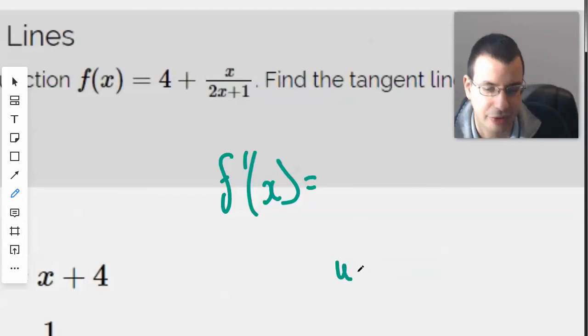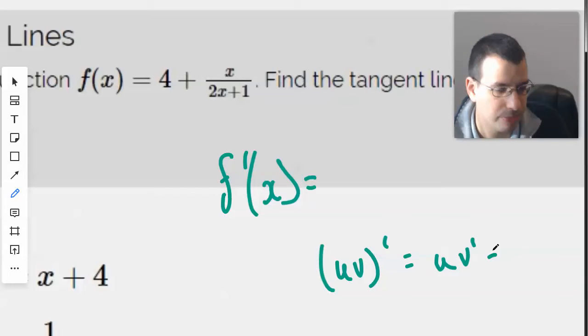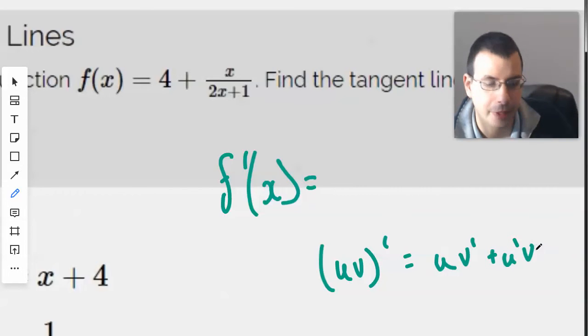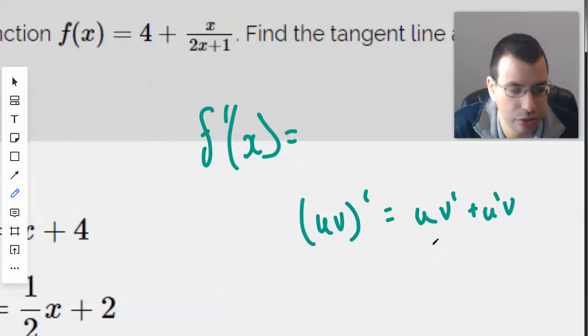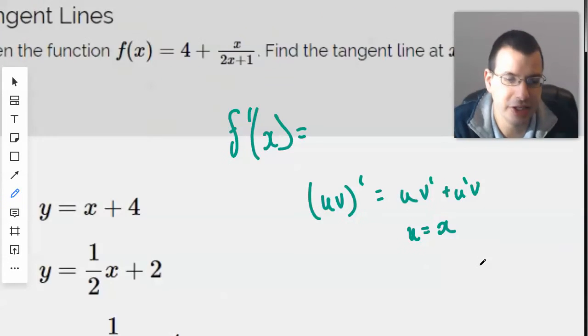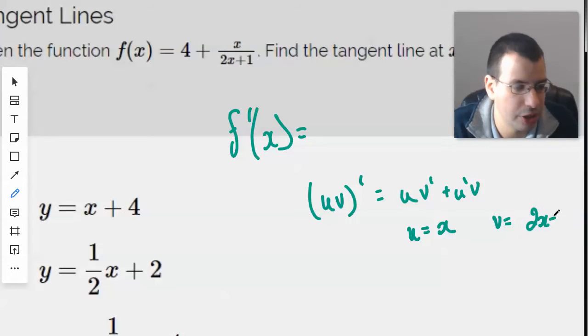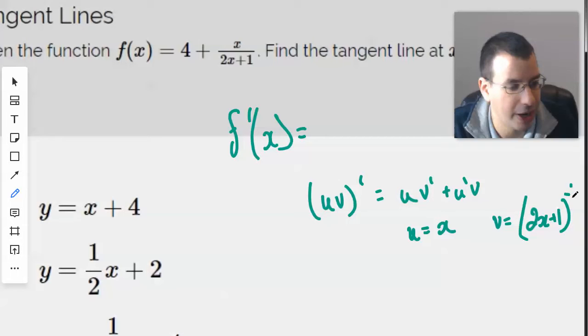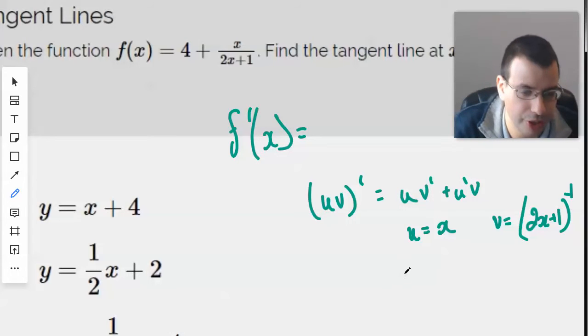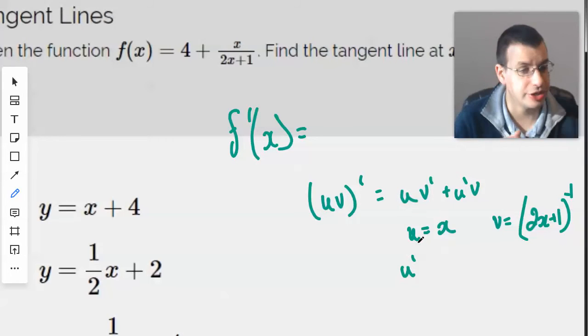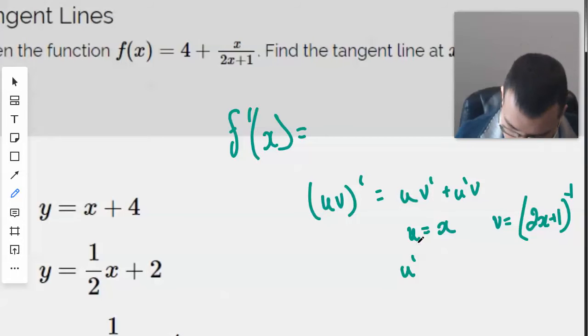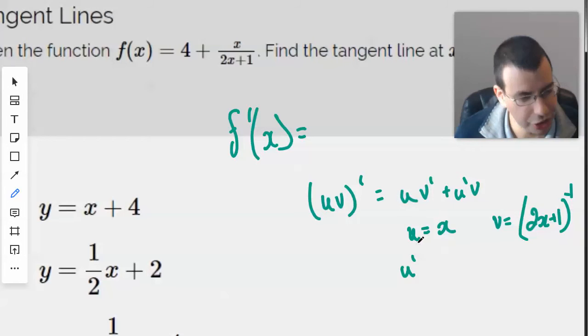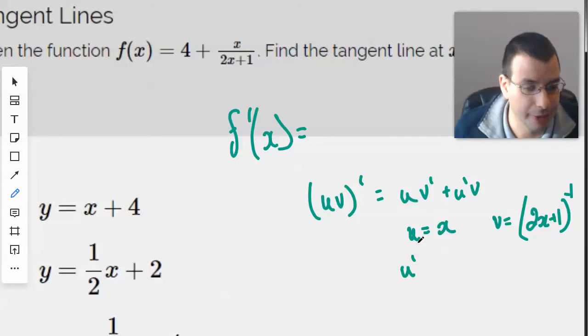And so then we have uv' plus u'v, where in this case u will equal x and v will equal 2x plus 1 to the negative 1 power. And I prefer to do the product rule with a negative 1 power as opposed to trying to do the quotient rule. It's just easier for me to remember.